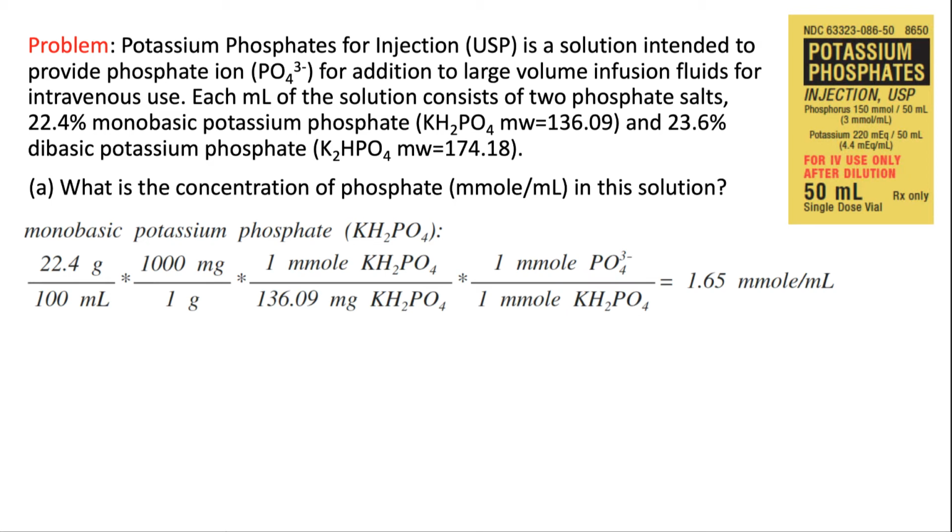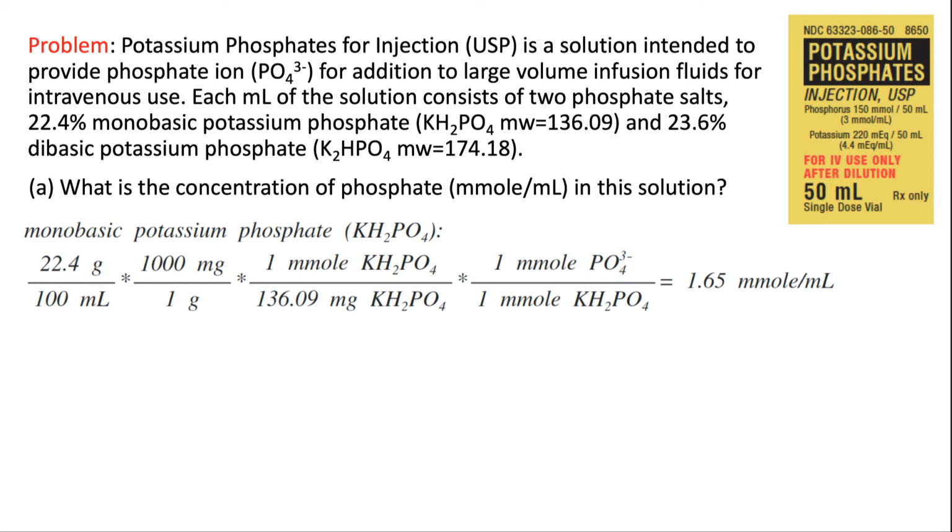But what the question wants is to know how many millimoles of just phosphate, which is the PO4. So if you look at the molecule, there is one phosphate, the PO4 molecule, for every one KH2PO4. So we're going to multiply this by the fact that for every 1 millimole of PO4 that is contained in 1 millimole of KH2PO4. That way, millimoles of KH2PO4 cancel, and our result would be the number of molecules of PO4.